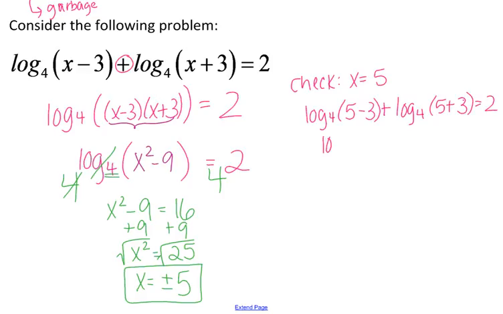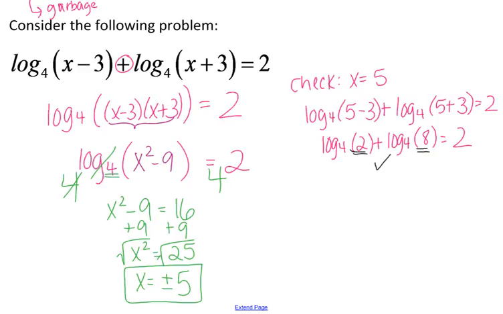We end up with log base 4 of 2 plus log base 4 of 8. You don't actually have to go through the whole process because this is all we need to see. We're taking the log of positive numbers. That can happen, we're good.